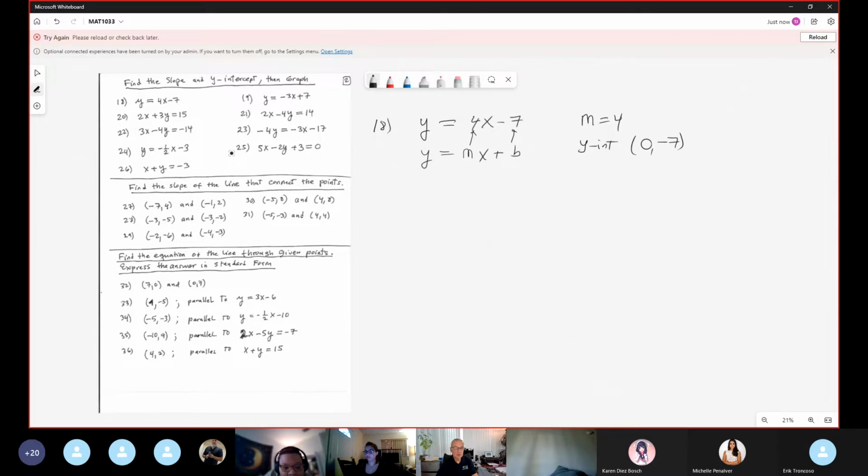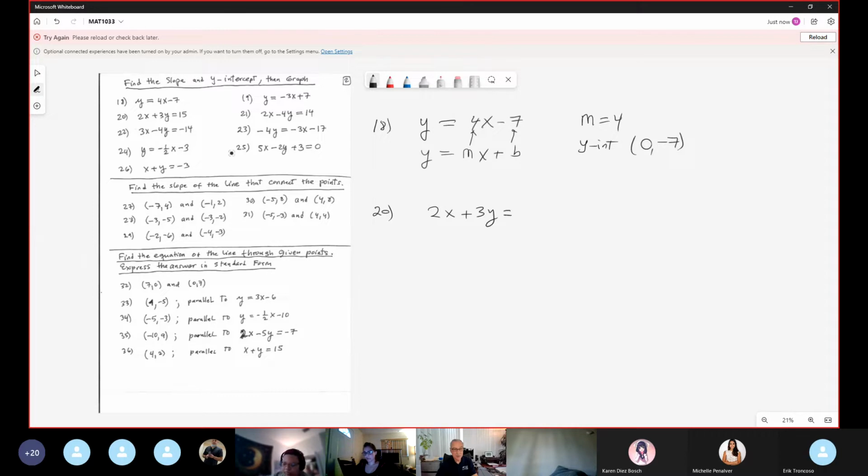And I think 19 is similar. But 20 and 21 are different because, for example, let's do 20. The equation is given in standard form. It's okay, no problem. But it's not explicit, so you need to manipulate a little bit in order to isolate y.